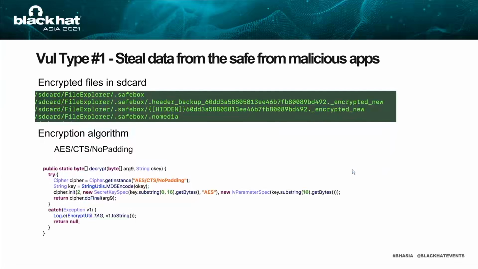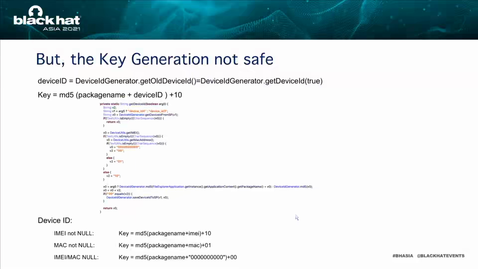But we found that the encryption here is not safe at all. In this case, the encrypted files are stored in the SD card. The encryption algorithm is AES CTS no padding. Sounds good, but the key generation is not safe. The key is generated by the device ID. This picture is the get device ID function.